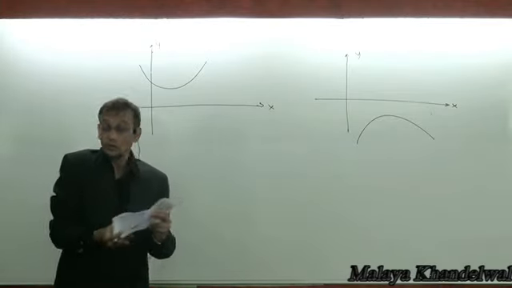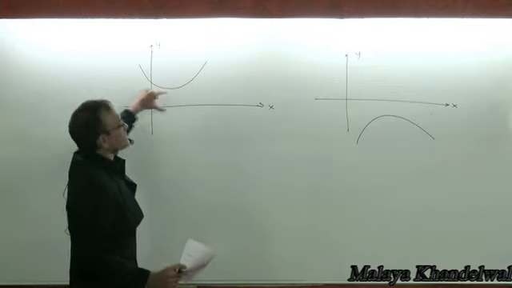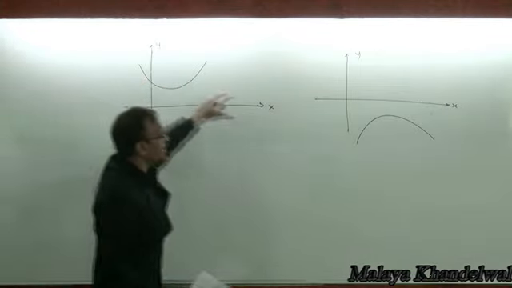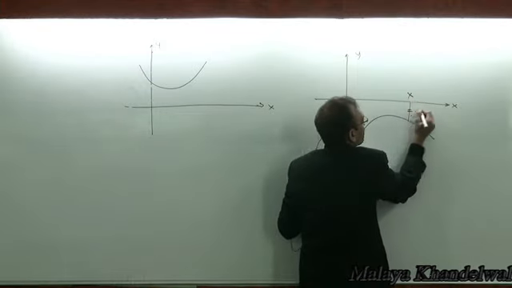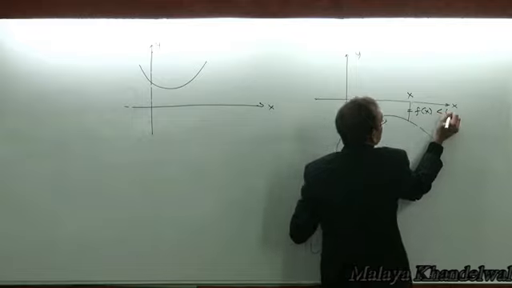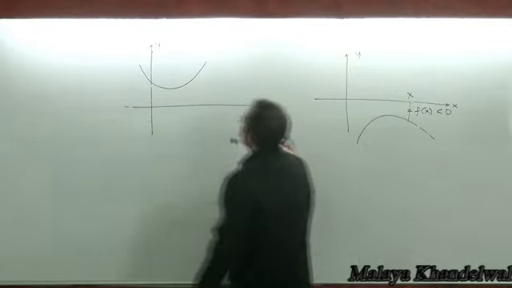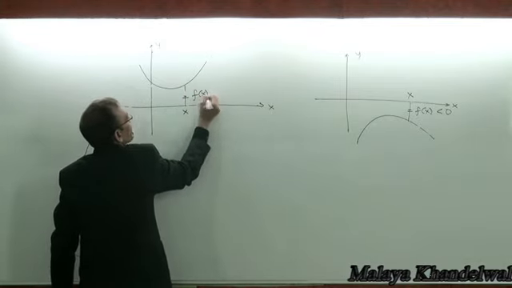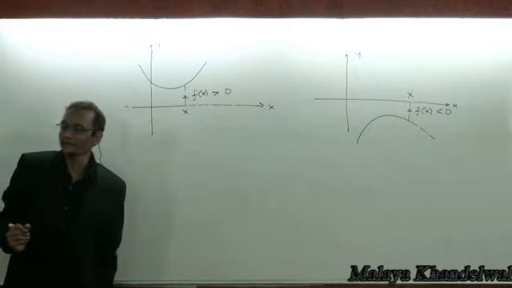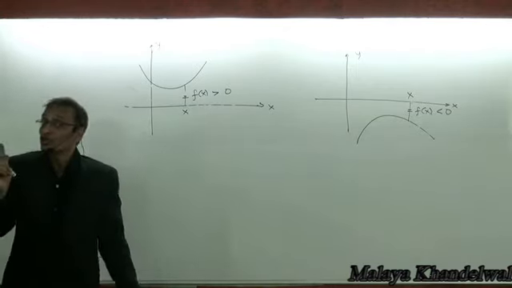Now, in both cases, f(x) has the same sign. It's all positive here and it's all negative here. In this case, for any given x, f(x) is less than 0. That means this is a quadratic in which the sign of f(x) is negative everywhere. This is the case in which f(x) is positive for all x. And what's common between these two graphs?